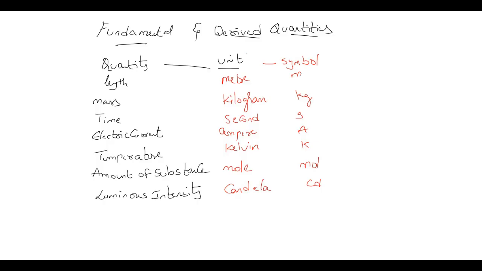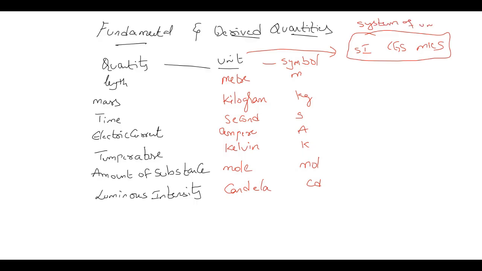Clear? Again, in these units, we have SI unit, CGS unit, and MKS unit. We call all these system of units. So here whatever we have seen, these units are generally SI units.